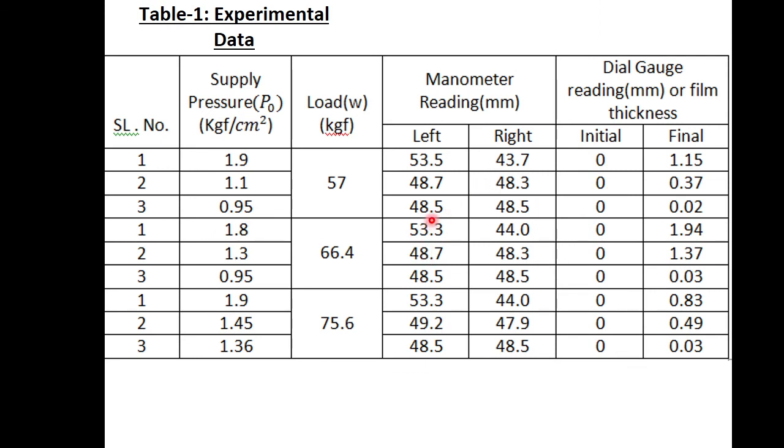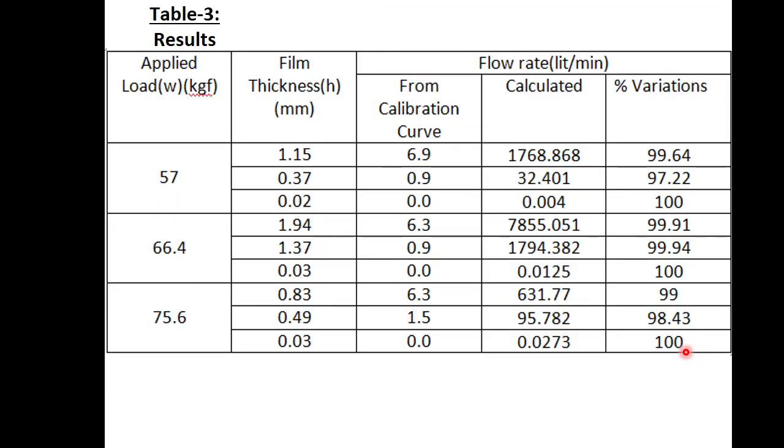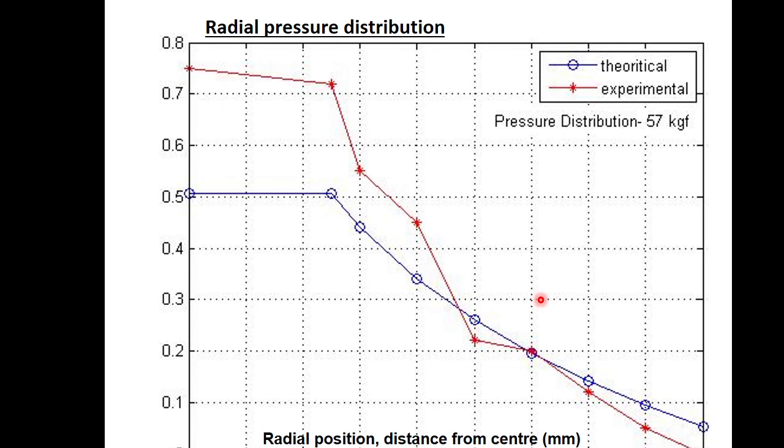But you see, corresponding to this minimum flow rate, this result is a very approximate result. Your percentage error is too high here, almost 100%. These errors are quite high as such. Still, we are getting some results from there, but the pressure distribution part is a better match.